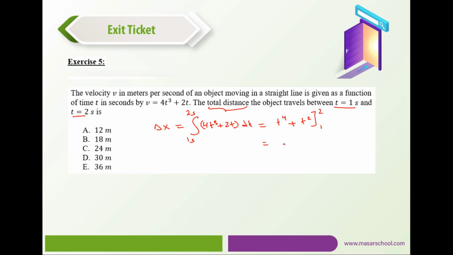So we start with the upper bound, 2 to the power of 4 plus 2 to the power of 2, minus that computed at the lower bound, 1 to the power of 4 plus 1 to the power of 2. So that would be 16 plus 4 minus 2, which is basically 18 meters, and the correct answer in this case is B.